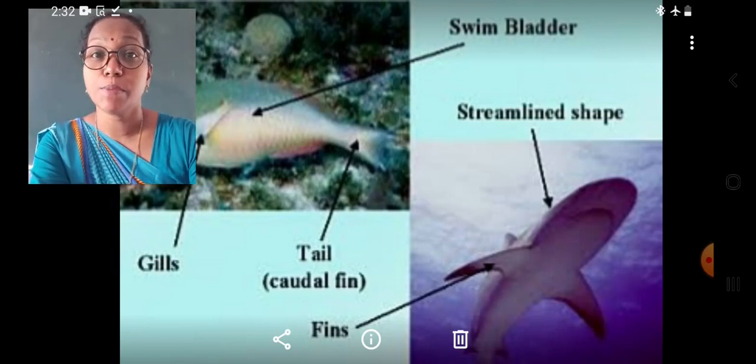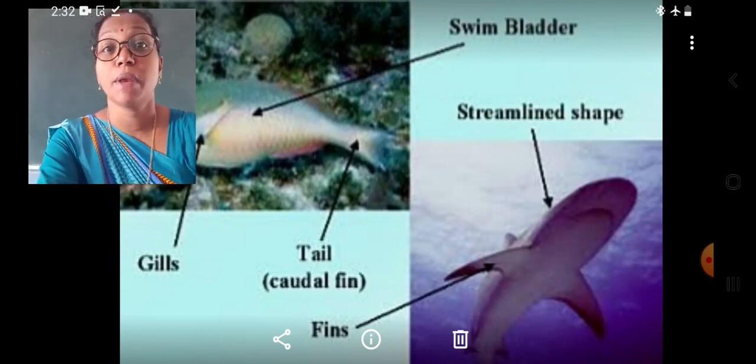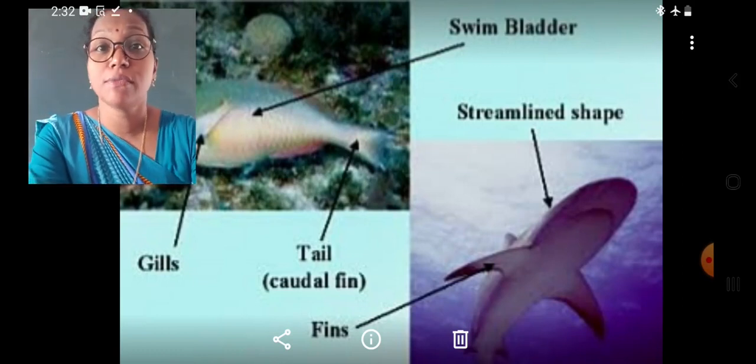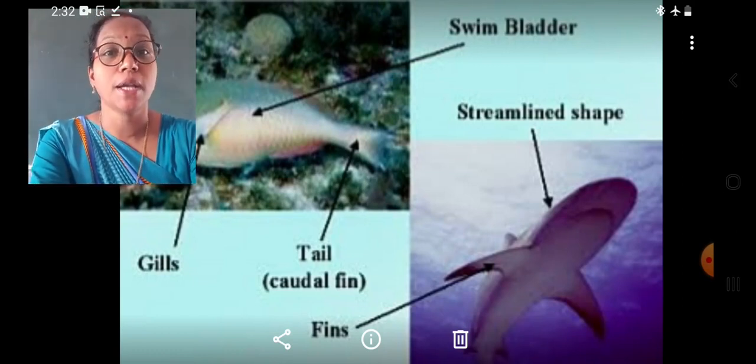There is a transparent membrane present on the eyes of the fish that helps them prevent injuries while they swim in the water. So all these are the adaptations present in the fish to live suitably in the water.